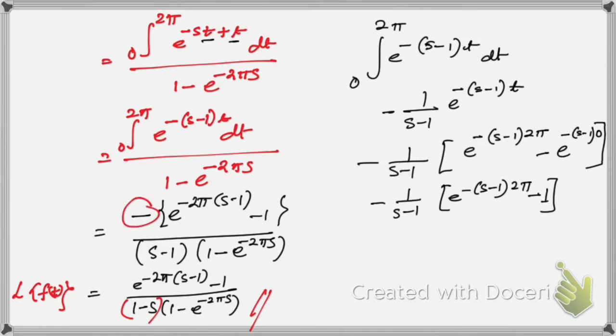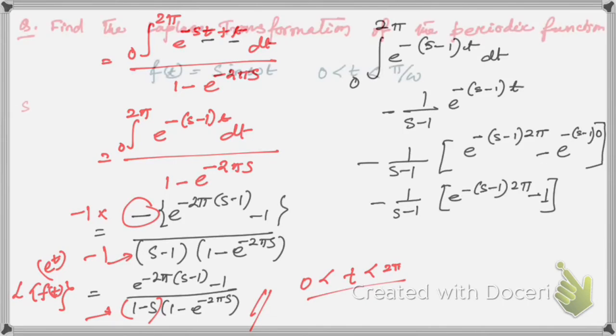As this minus is multiplied here, if you multiply both the numerator and denominator by minus 1, you get this result. So this is the Laplace transformation of the given function f of t, where f of t is e to the power t, and this is a periodic function for t greater than 0 and less than 2 pi, right? So 2 pi was the period. That's how we can find the Laplace transformation of such a function.